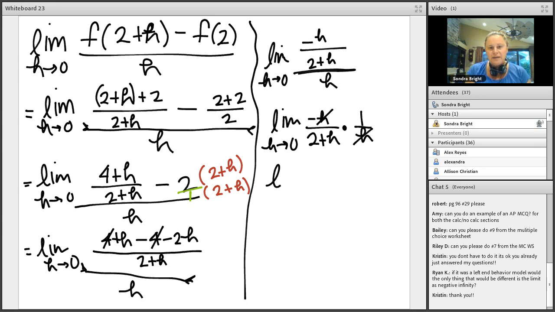You are left with the limit as h goes to 0 of negative 1 over 2 plus h. Now you can plug in 0 for h, because you won't be dividing by 0. So your answer should be negative 1/2.